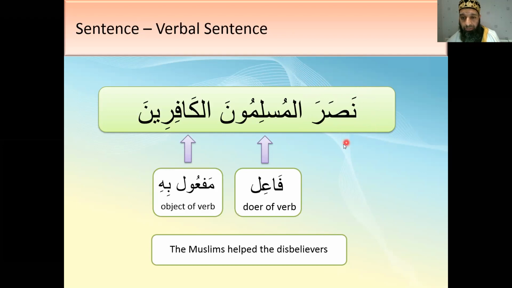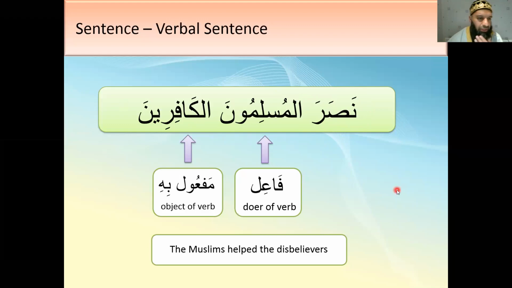So that's not a verb anymore. That's a masdar, which is a verbal noun. It's Nasrun, that's not a verb. Nasara is a verb. And there's another grammar rule going on there as well. So I won't worry about that at the moment. Nasrullah is something else, another grammar rule.